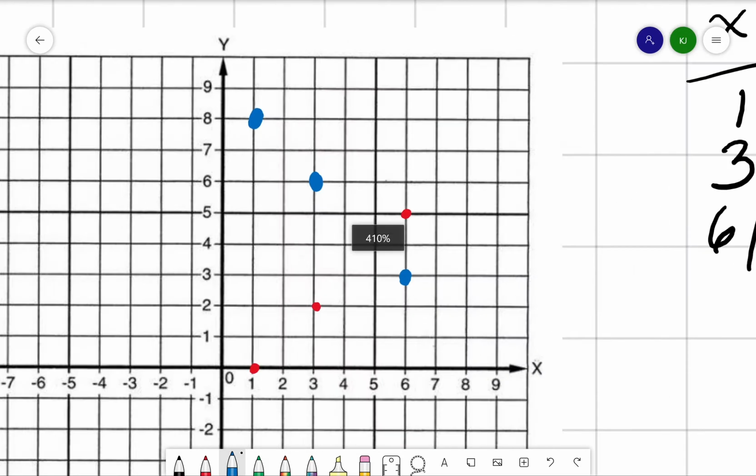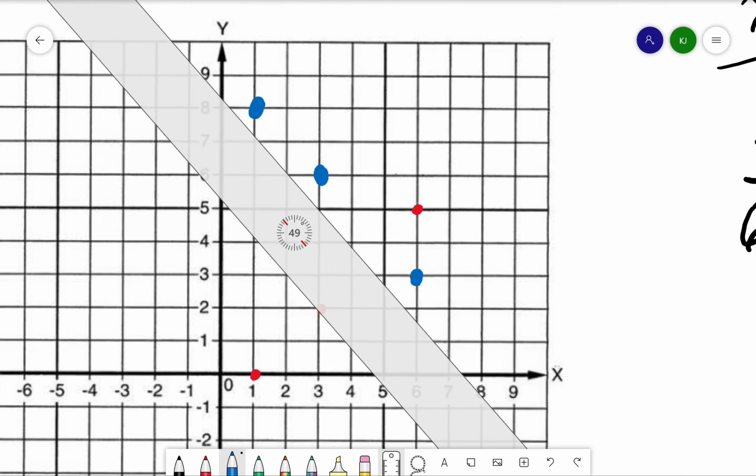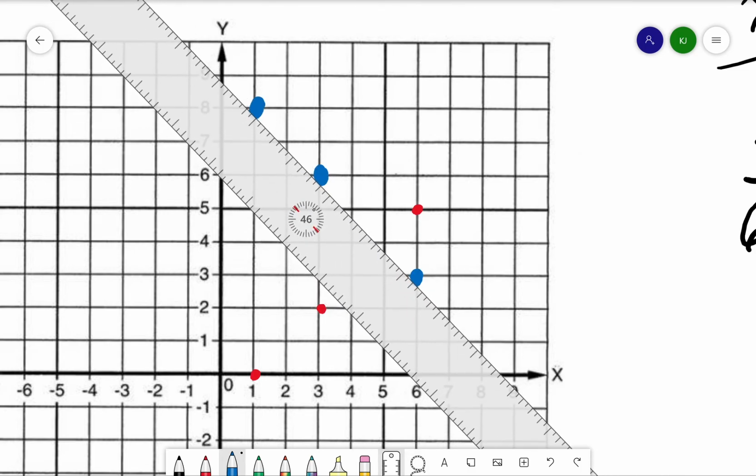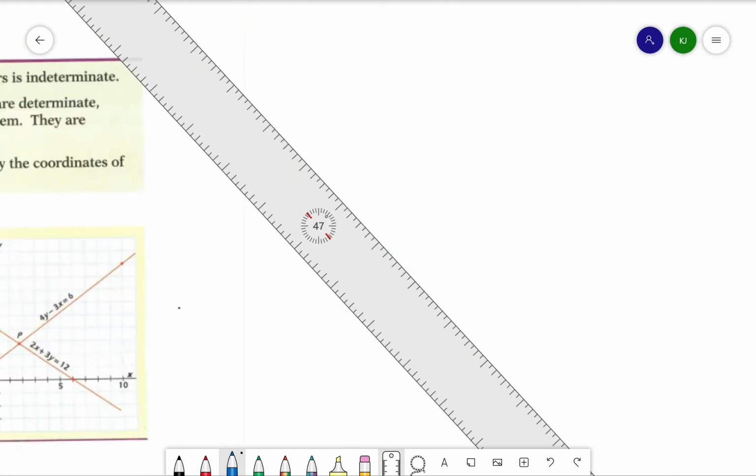So now we can go to our graph and connect our lines and see whether we have any overlap between the dots. That's a really bad line.